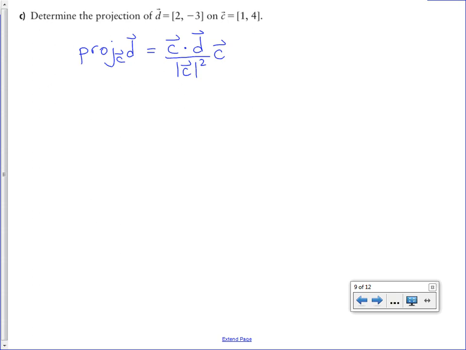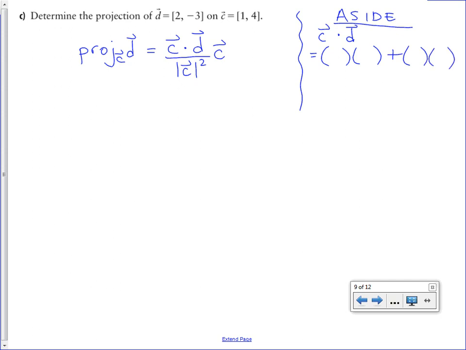In this case, I need to do a bit of work because I don't have a picture to just grab magnitudes. So let's first find, as my find-stuff aside, vector C dotted with vector D. What form should I pick? Algebraic.